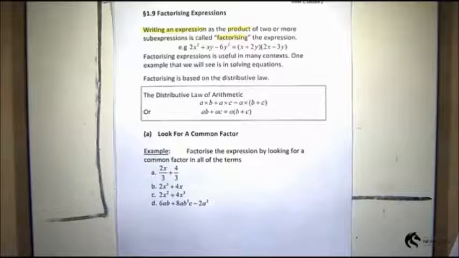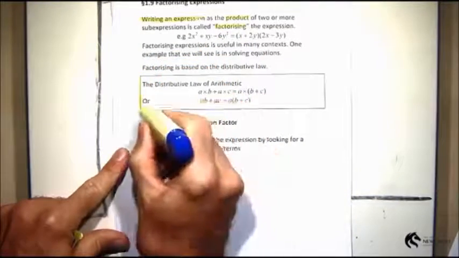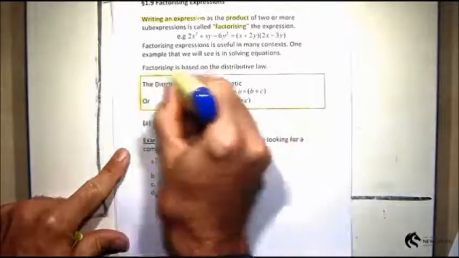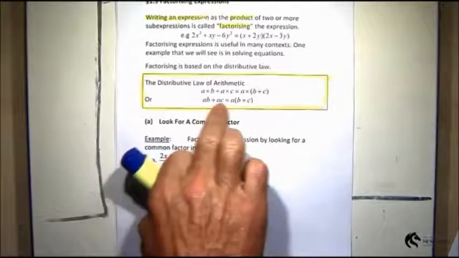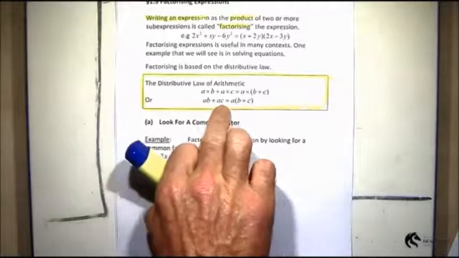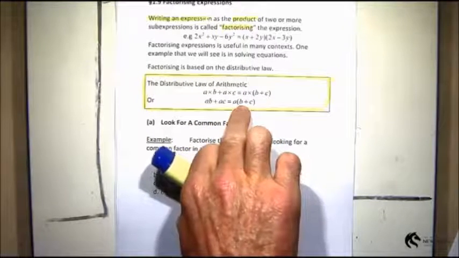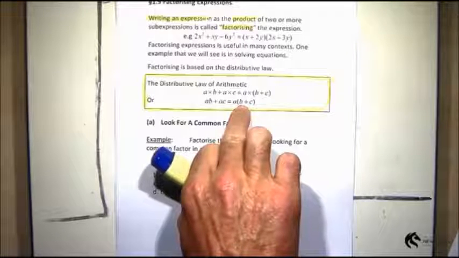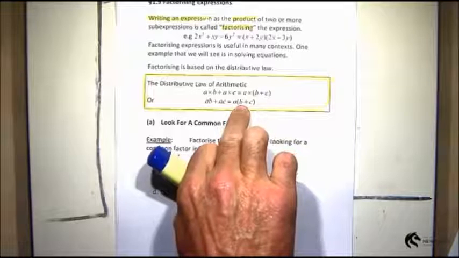As I tried to explain, factorising is quite often based on the distributive law. I've highlighted again: if I have 2 terms and I see A in both of them, then the distributive law says I can write it round as A times B plus C. So every time we factorise, we are using the distributive law.